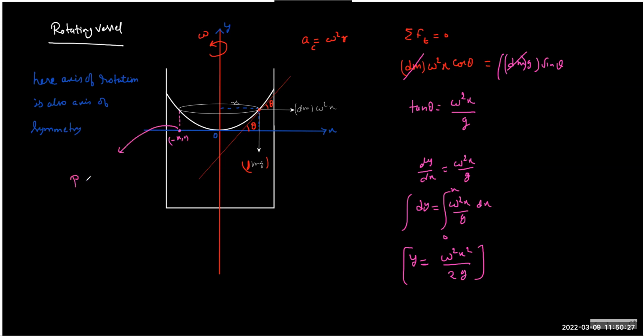We know the pressure here will be P atm plus rho g y, correct? And what is y? y is omega square x square by 2g. g will cancel out here, and the answer is very interesting: rho omega square x square by 2.